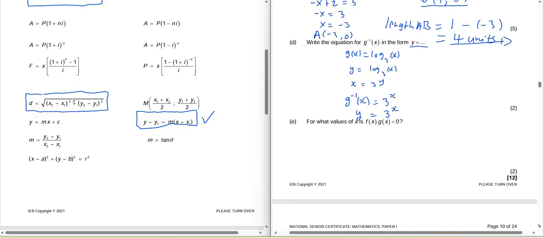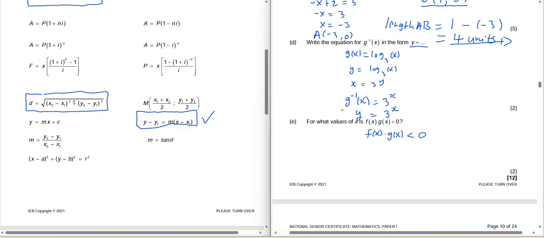Now we go to another problem, which is for what values of x will f of x multiplied by g of x be less than 0? Now, this is a problem whereby not everything is gonna be as a result of algebraic manipulation. Sometimes you may need to use your ability to reason logically, and you also need to use the graph that is given to you.